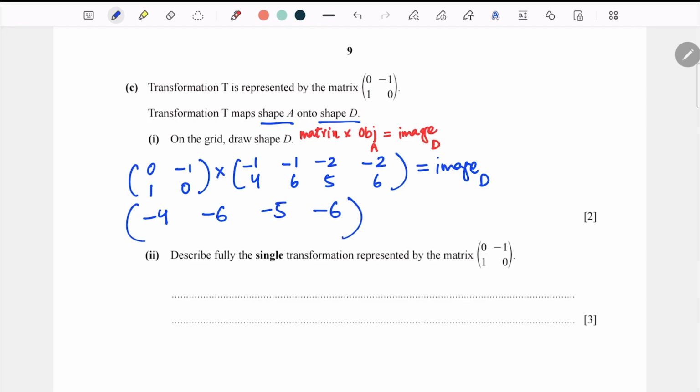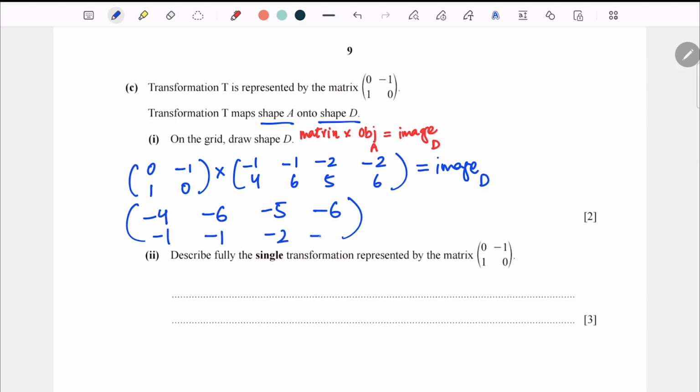Then for the bottom row, I'm going to repeat the same thing. 1 into -1 is -1, and then 0 and 4 is 0. So -1 plus 0 is basically -1. I'm going to continue. 1 multiplied by -1 is -1, 0 into 6 is 0. So -1 plus 0 is -1.